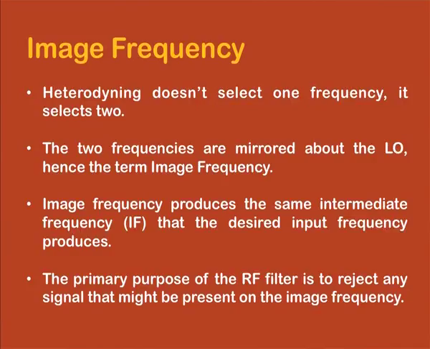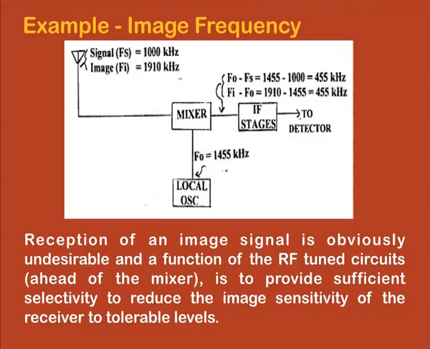The primary purpose of the RF filter at the input of the superheterodyne receiver is to reject any signal that might be present on the image frequency. Here in this particular slide, we see one example. Let us say the AM receiver is designed and tuned to receive a frequency which is at 1000 kilohertz, and the local oscillator for this is going to be 1455 kilohertz, producing an IF of 455, which is the kind of worldwide standard for intermediate frequency for an AM receiver.